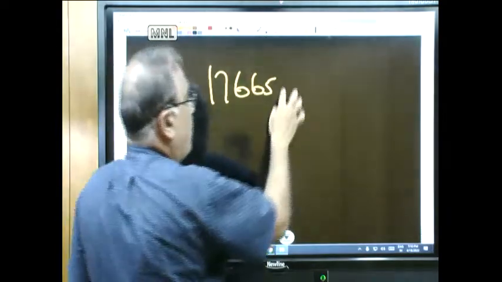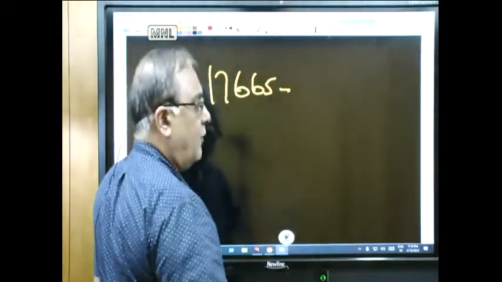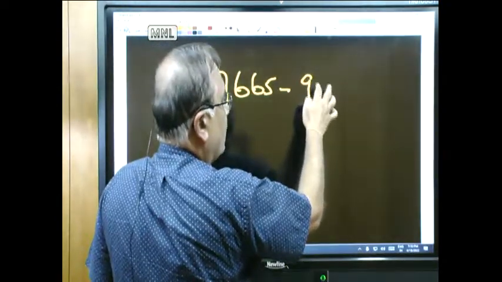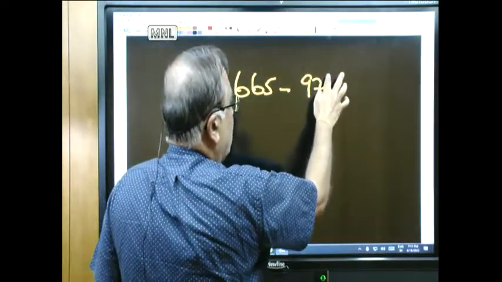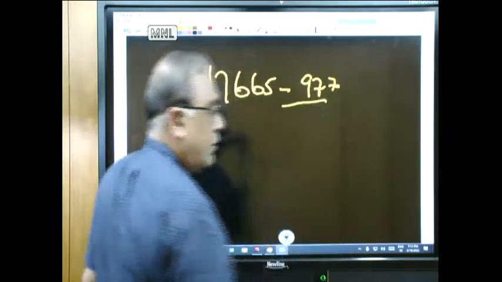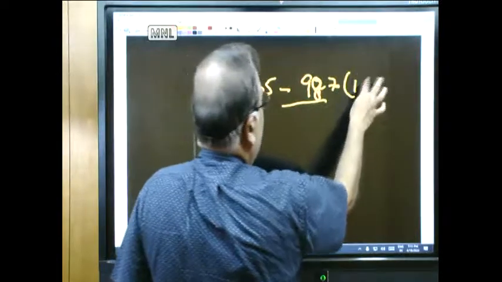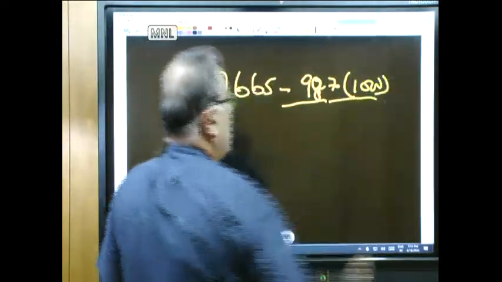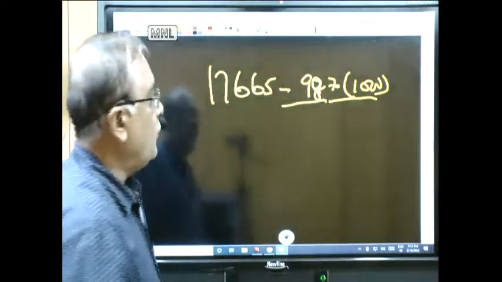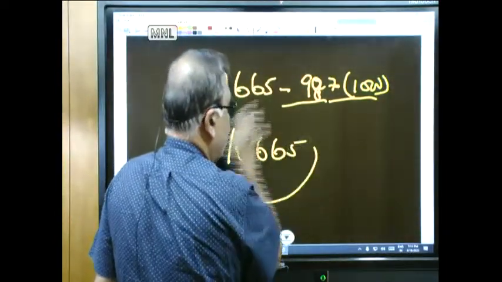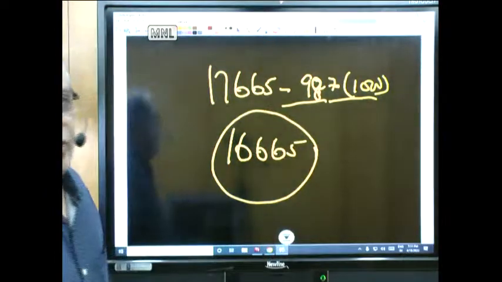Okay. Now if it's going to collapse below 17,060, then it can come 610 plus 377, I told you, 987, sorry. So approximately let's make it 1,000 points. So this can be 16,665. This is one big support level.